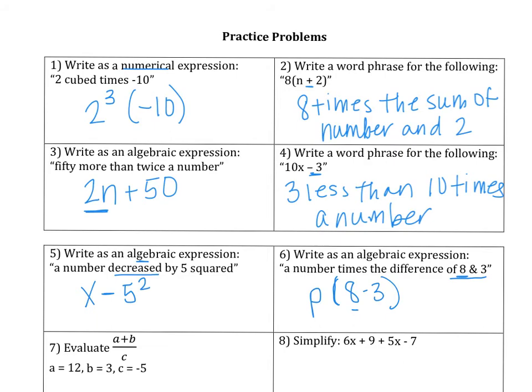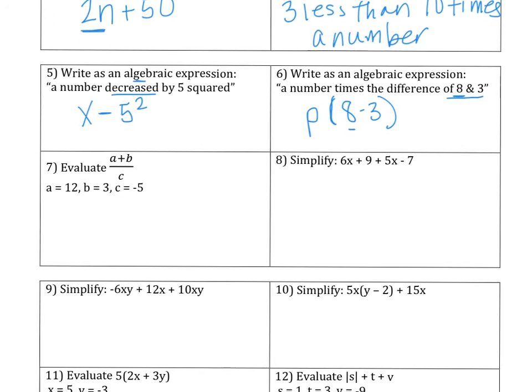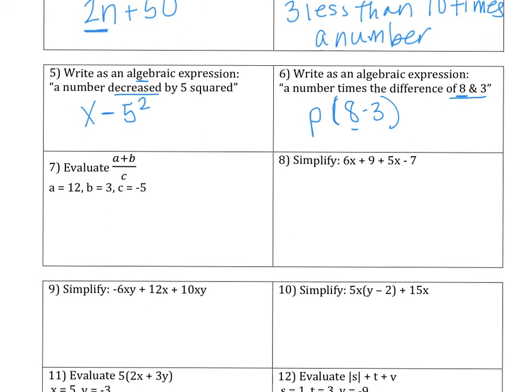Number 7 is now we're going to evaluate. So now they tell us what the values are. So now we're going to actually solve it. So number 7, we are going to evaluate a plus b over c.